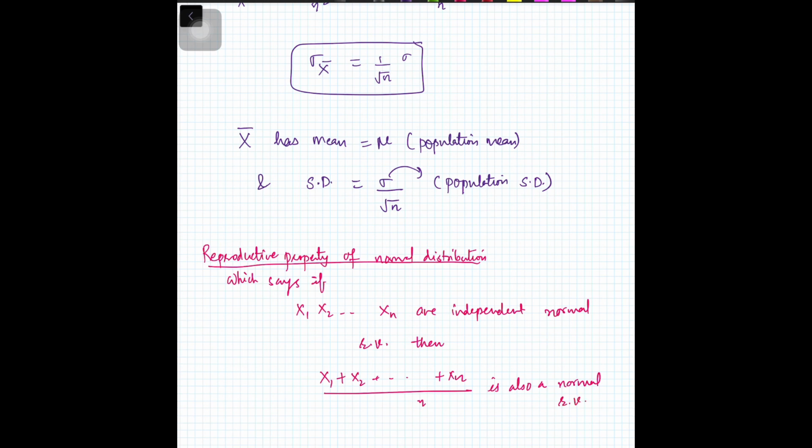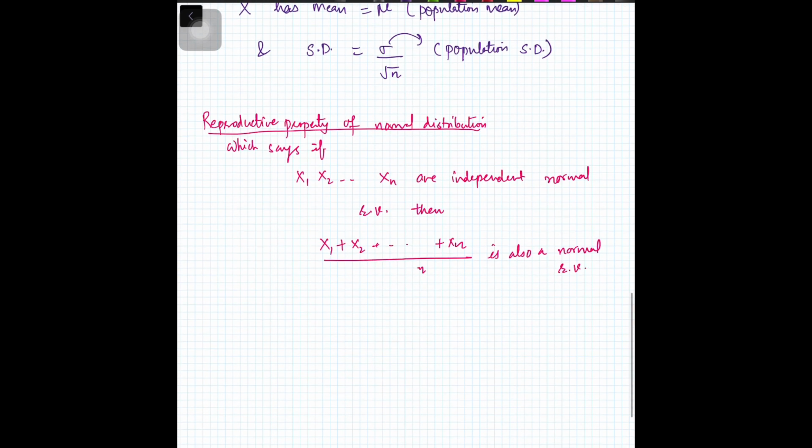So what do we get from all of the discussion here? We get that x bar, which is x1 plus x2 plus so on xn divided by n, is nothing but the sampling distribution of mean, and it is normally distributed.